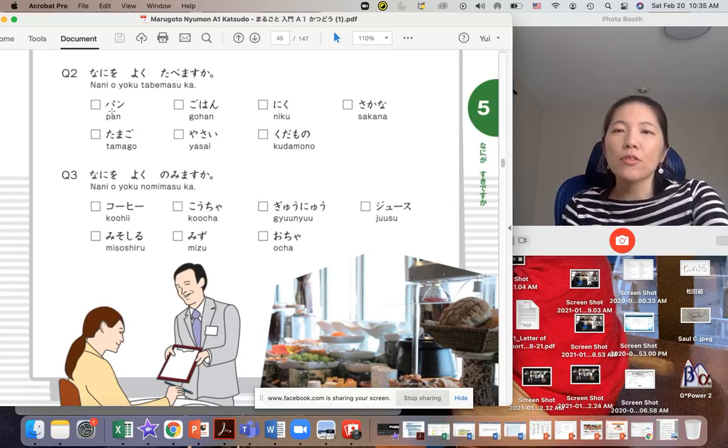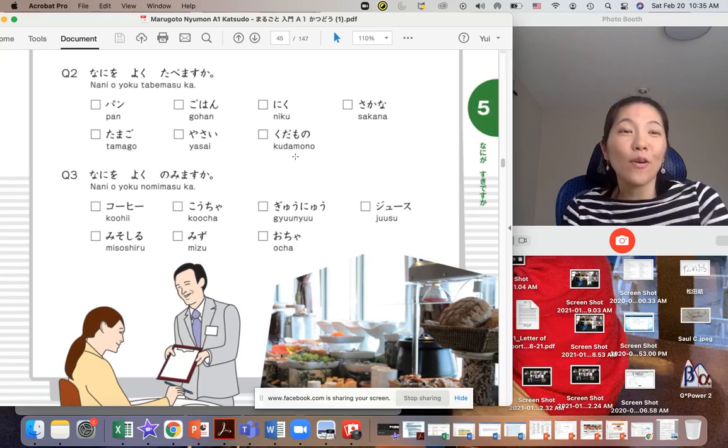Your options: パン, it's bread; ご飯, rice; 肉, meat; 魚, fish; 卵, eggs, remember that; 野菜, vegetables; 果物, I said we could also use fruits, that's okay too.